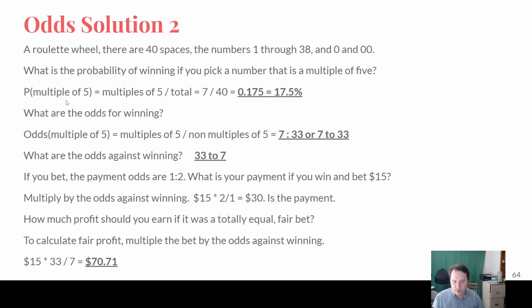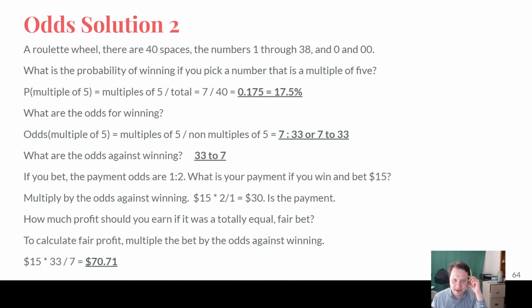Well, the way you calculate what a fair return would be, and this is important, the way you calculate how much you should win if it was fair is by multiplying your bet times the odds against winning. Okay? You multiply your bet times the odds against winning, and that's how much it should pay if it's a fair bet. And so we should win $70.71 if it was fair.